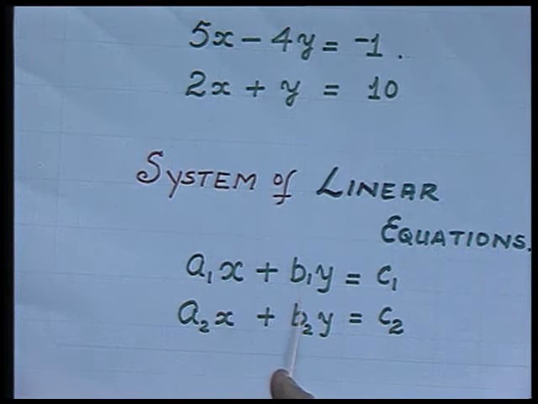Again, a1, b1 and c1, they all belong to set of real numbers, and a2, b2 and c2 too. But you have to take the precautions that a1, b1 simultaneously cannot be equal to 0, and also a2 and b2 cannot be simultaneously equal to 0.